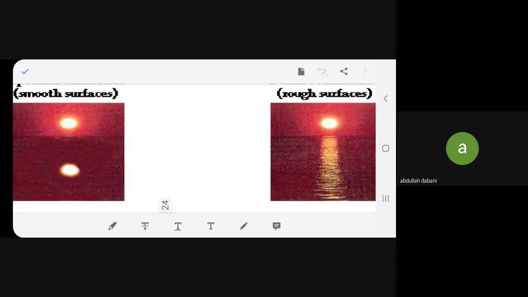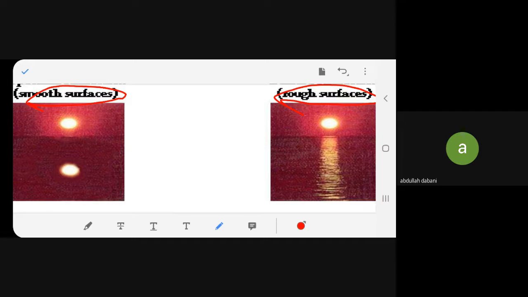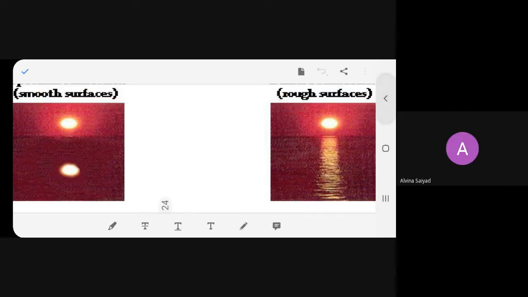Understood? This is a smooth surface and this is a rough surface. Rough surface means there are waves. Smooth surface means the water is still. You got it? Do you understand better?